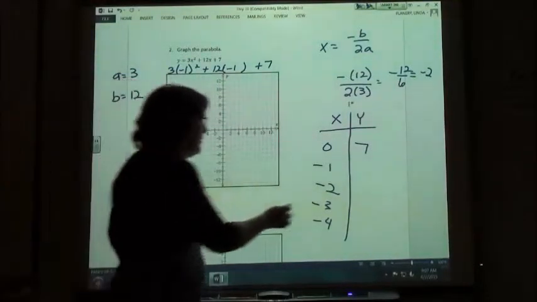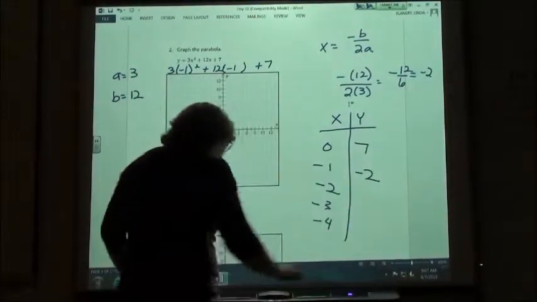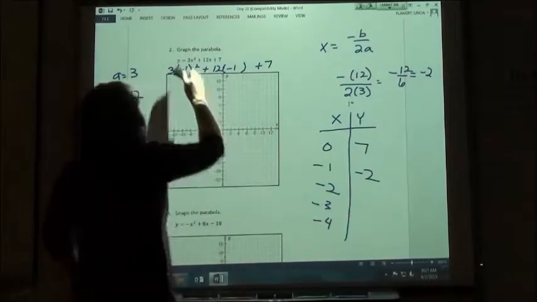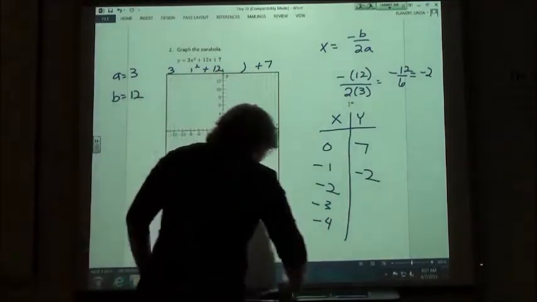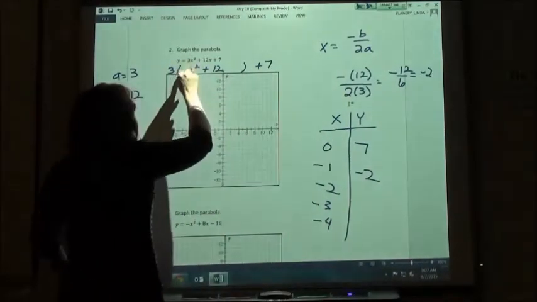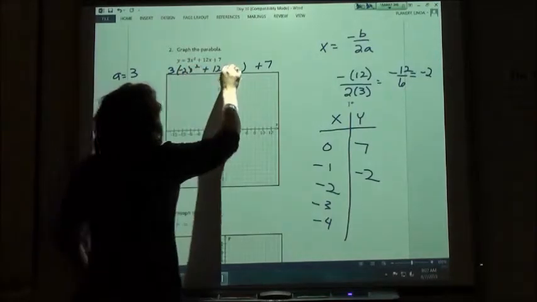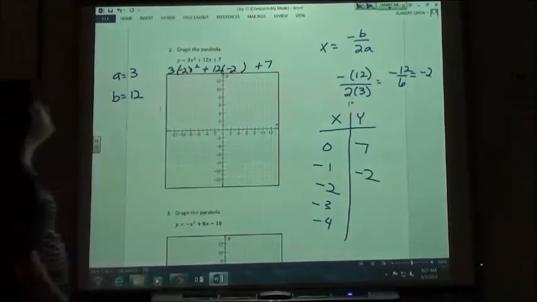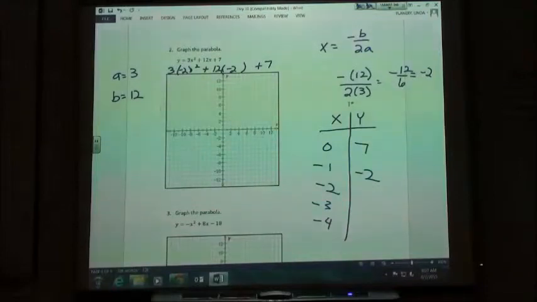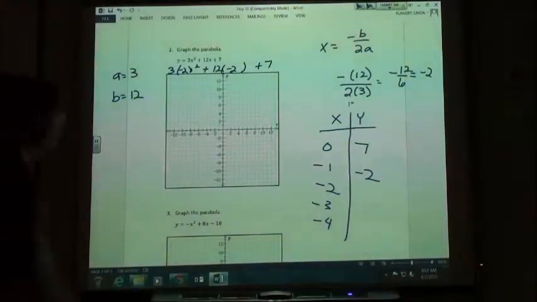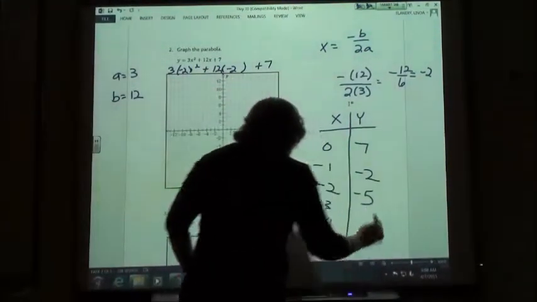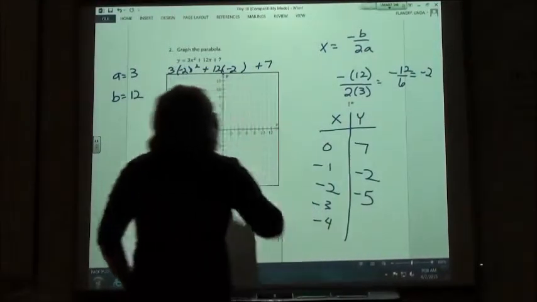Negative 2. Now we get to put our negative 2 in. So 3 times negative 2 squared plus 12 times negative 2 plus 7. Negative 5. And then we're going to put our negative 3 in there.